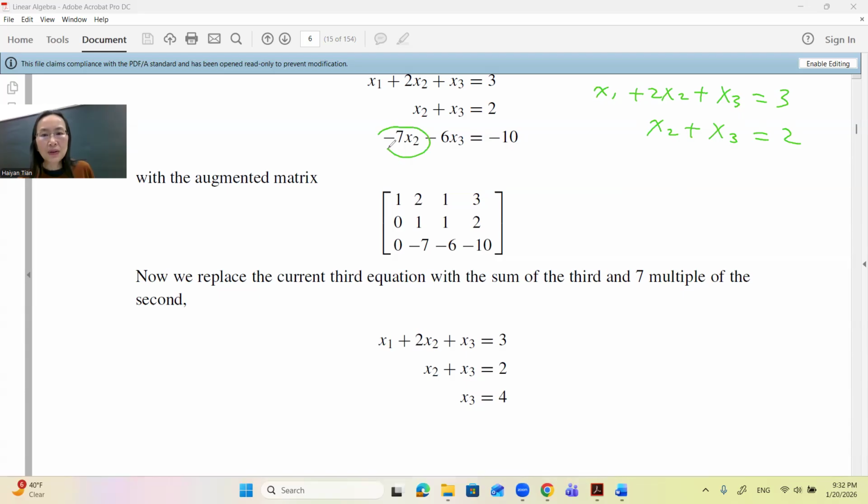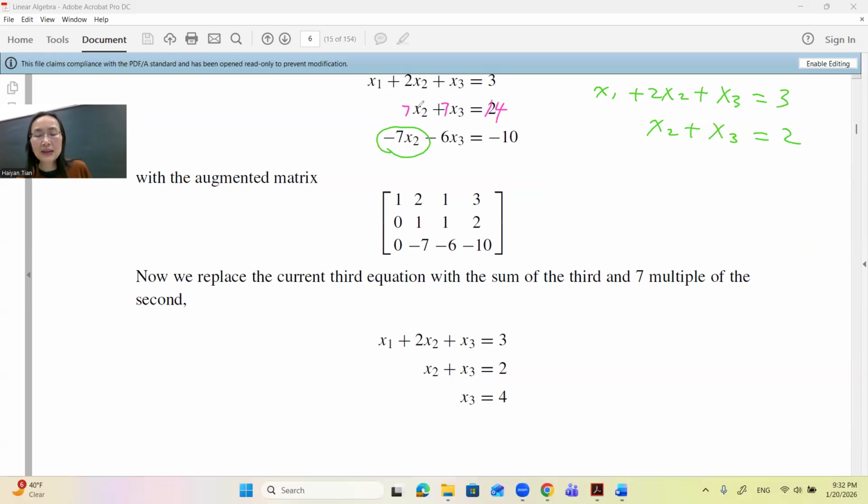So how? We want to add a multiple of the second equation to the third. Add what multiple? The second equation, you see, if we put a 7 times 2 is 14, right?